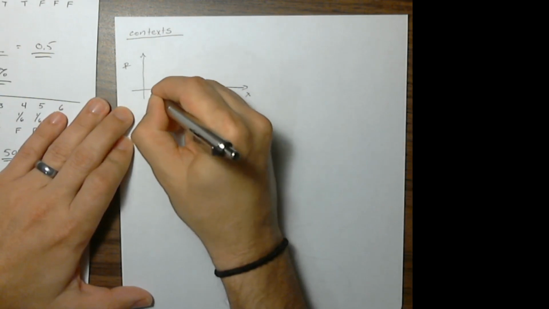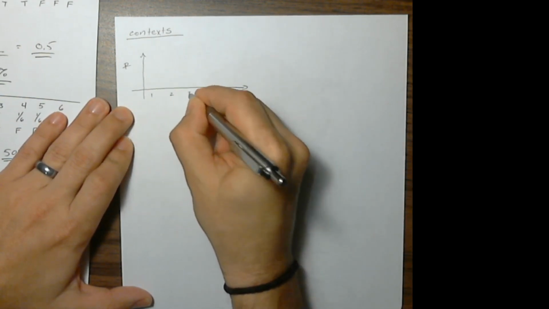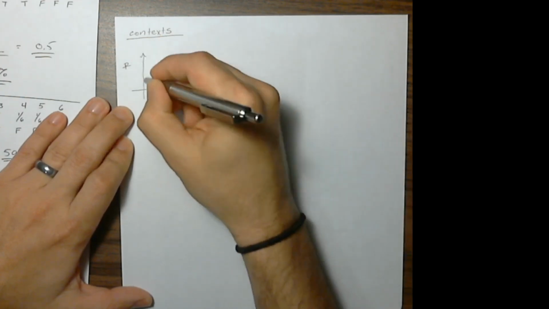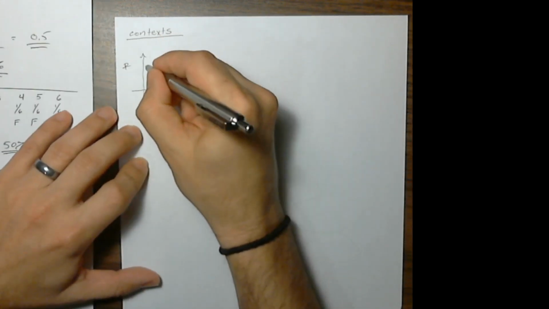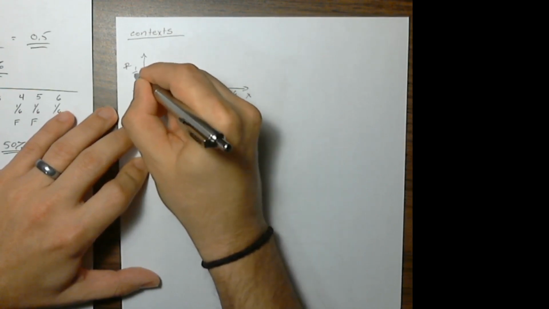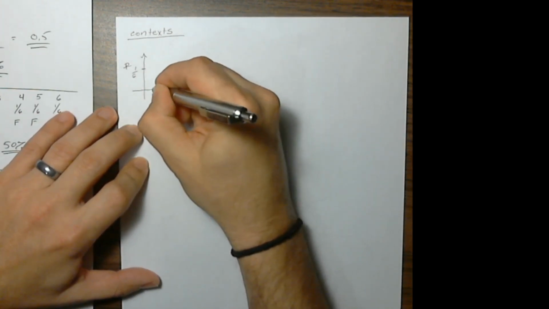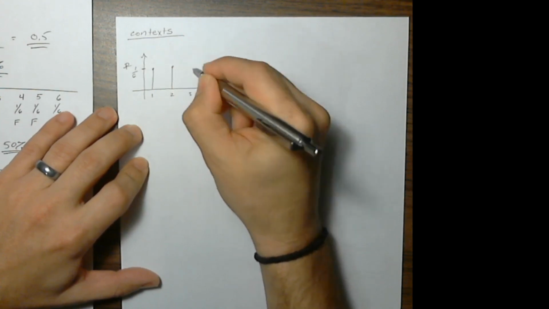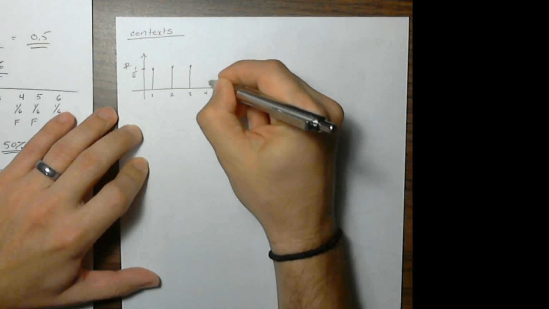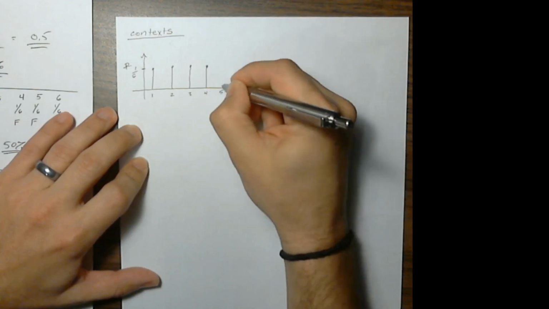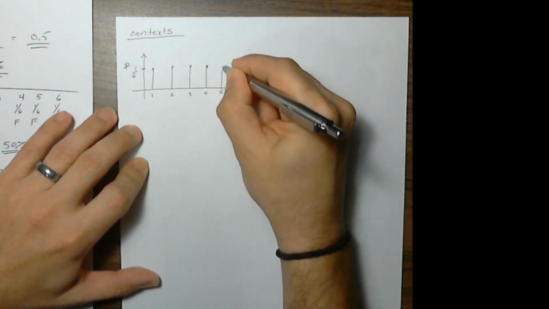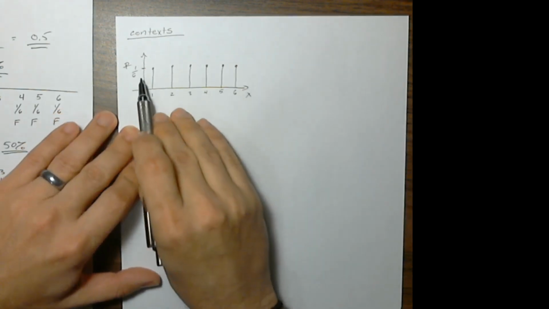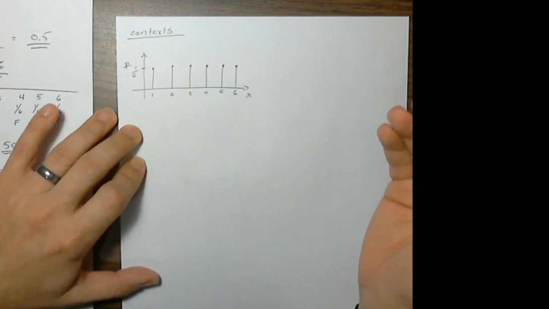So in the first context, if I just try to visualize what was the probability of each outcome, we said that every single outcome had an equal probability.